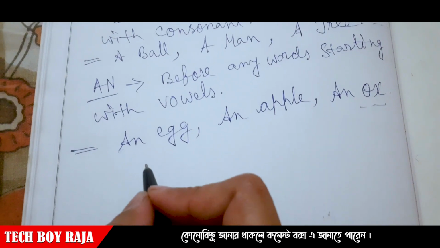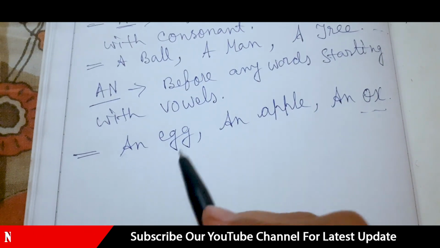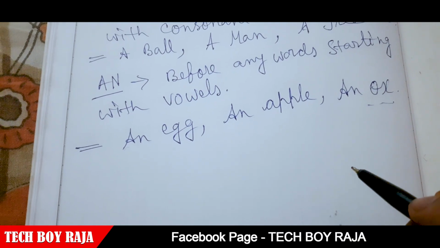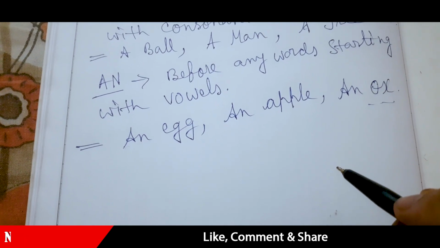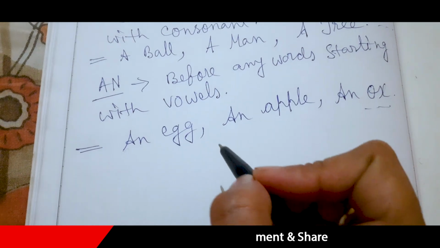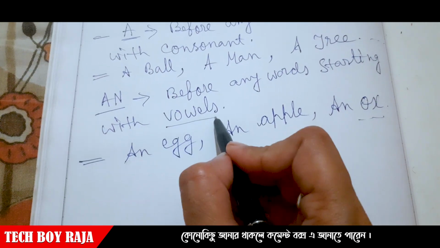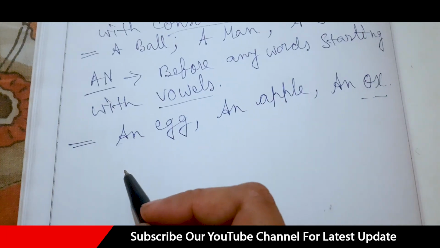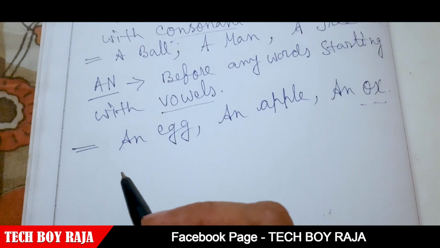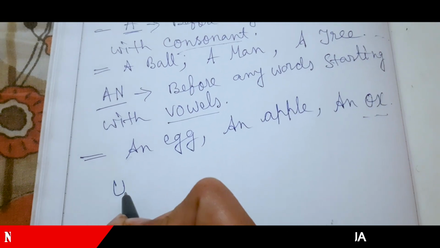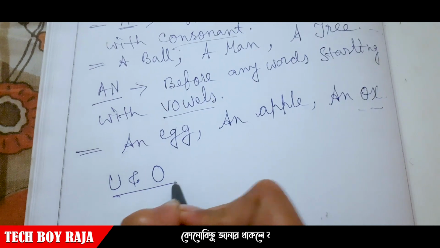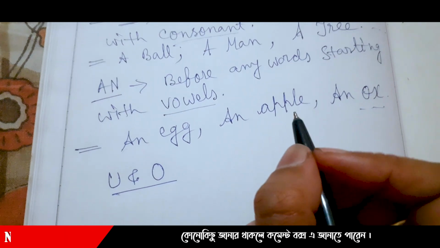Okay, now what are the exceptions exactly? Actually, the exceptions are sometimes words that come along with the vowels, sometimes along with the consonants, both, regarding their pronunciation. U and O, both of these are vowels.